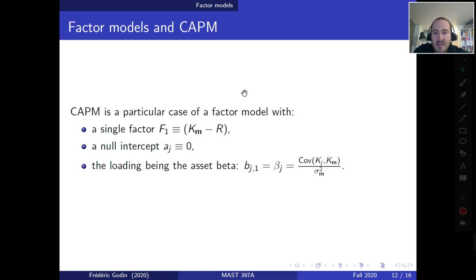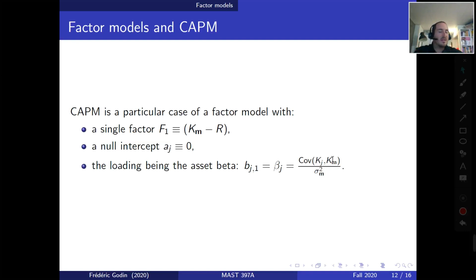Well, if we set capital L equal to 1, a single factor, and moreover we make the following choices: the intercept term A is exactly 0, and the loading constant for the first factor we set to the beta of the firm, which is the covariance between the return of the jth firm and the market portfolio, divided by the variance of the market portfolio return.